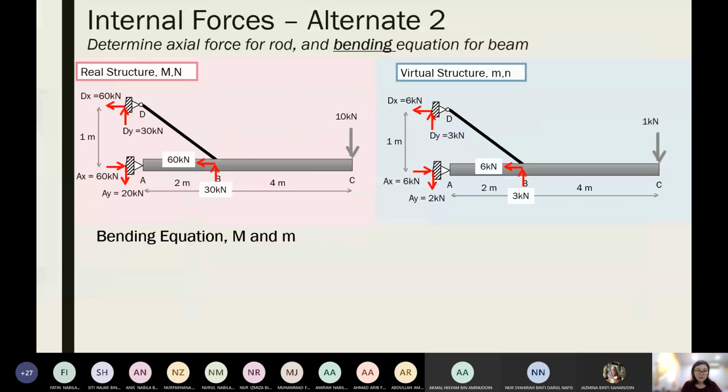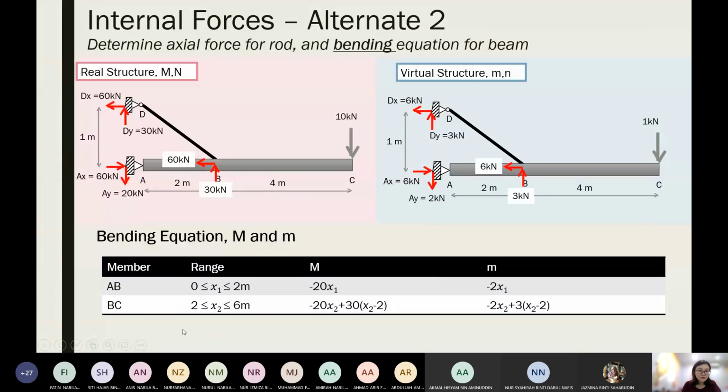The range for BC is x2 from 2 to 6 meter, because you are only concerned about the equations from B to C. Be careful about that because this range is very important. The equation for AB, negative 20x, applies only from 0 to 2 meter, while negative 20x plus 30(x2 minus 2) applies from 2 meter until 6 meter. You need to be very sure of that.